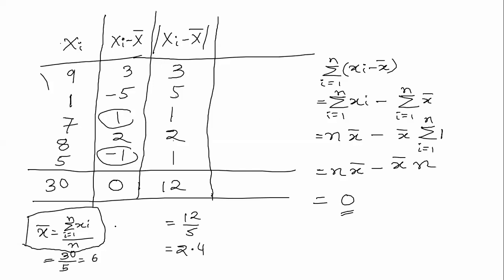What is this? It is nothing but the summation of the absolute value of xi minus x bar, i running from 1 to n, divided by n. So this is the arithmetic mean of deviations of individual observations from their arithmetic mean, and that is called mean deviation about mean.